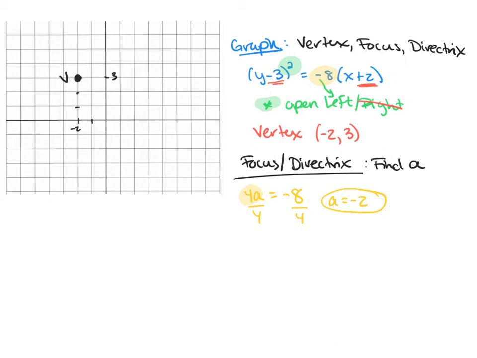So since the a is negative, and we had a y squared, remember we're going to the left, so I'm going to travel to the left 2 spaces. There's my a. That puts me at still y equals 3, but x equals negative 4. So negative 4, 3 would be the focus point.